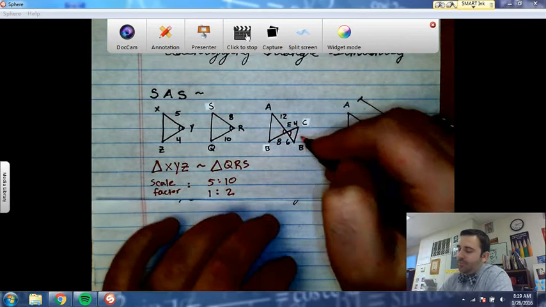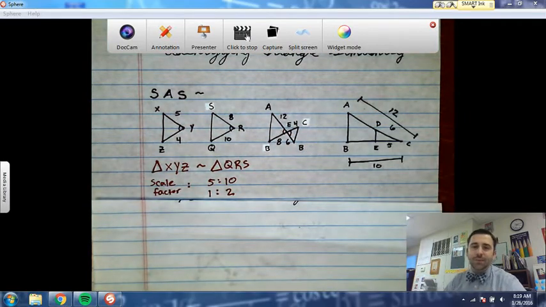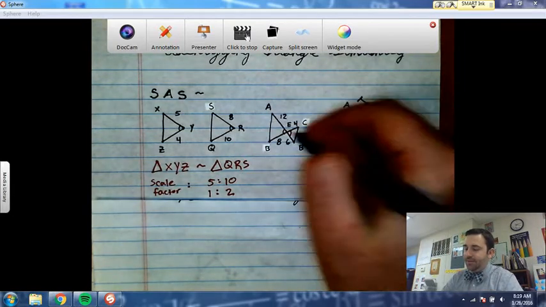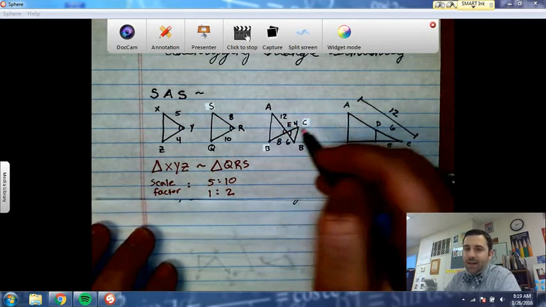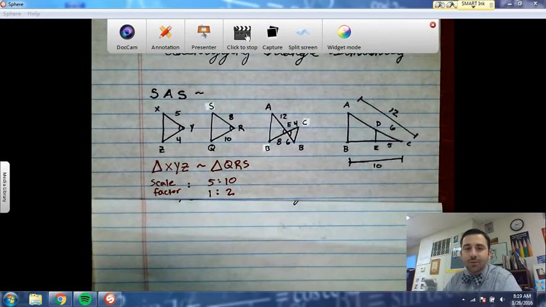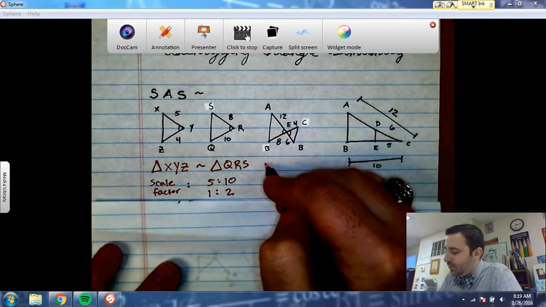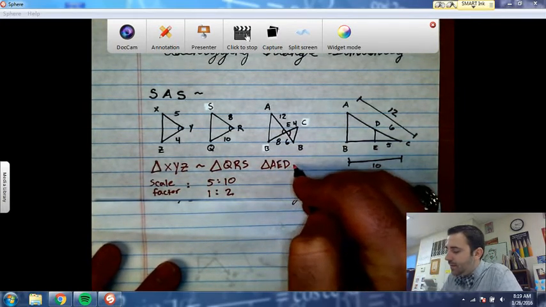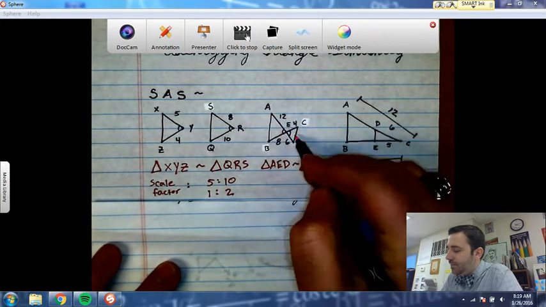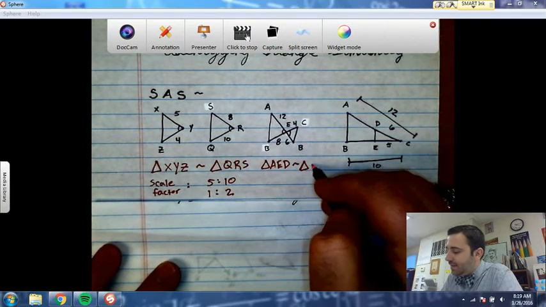One of the few things we can always assume from a picture in geometry is that all vertical angles are congruent. So given that these vertical angles are congruent, I now have two sides and an angle between them to form similar triangles. So triangle AEB is similar to triangle BEC.